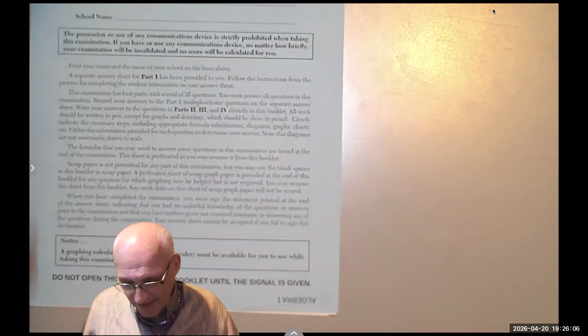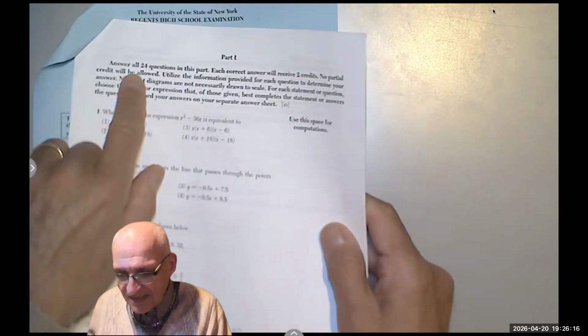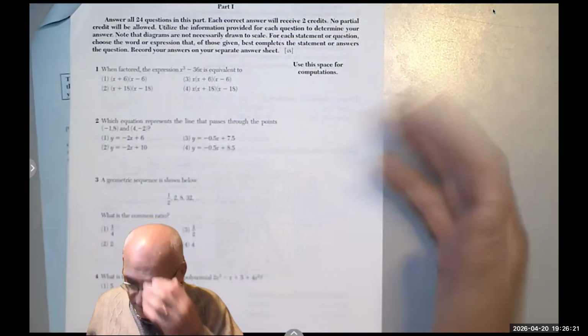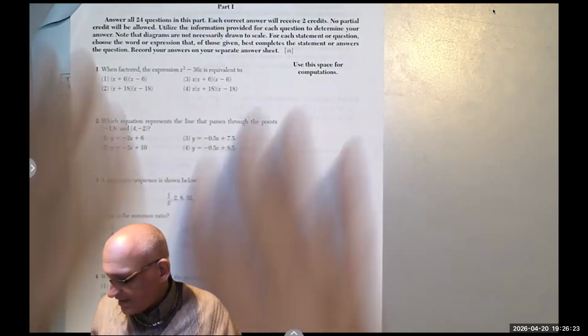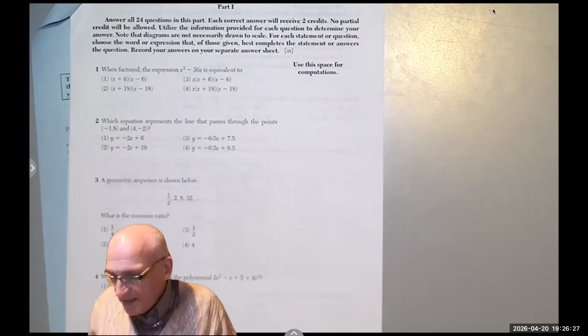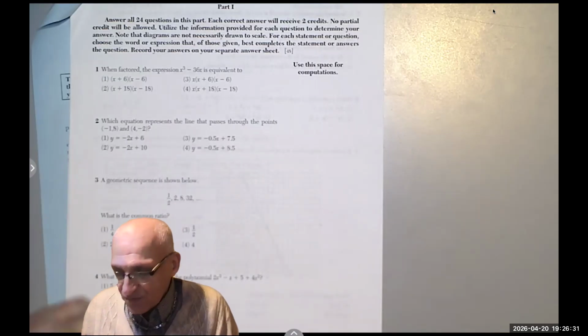You are allowed to have a graphing calculator and a straight edge. We will start, and I'll try to finish part 1, which is 24 questions, and see if we can do the rest later. I will see if I will use extra papers or use the answer here. So let's start with the first question.